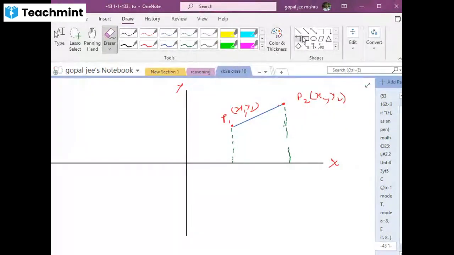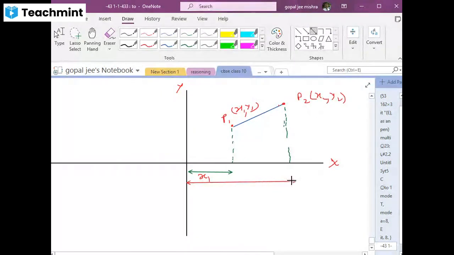Here we can see that this distance that you are observing is x1, very clearly. This is x1, and now the second distance that you will observe from here to this projection is x2.